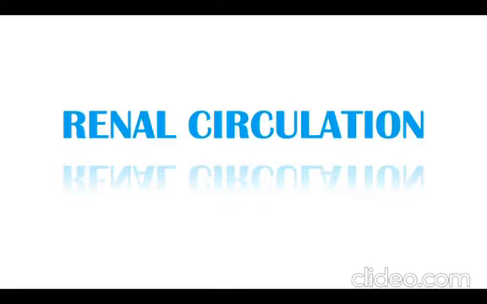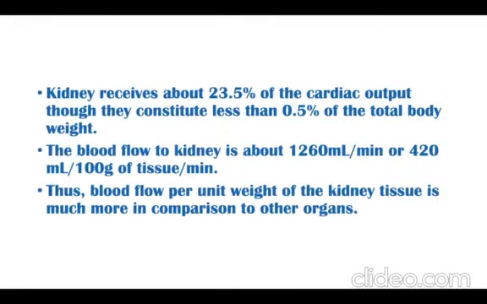So the last is renal circulation. Okay, special thing about kidney receives about 23.5% of the cardiac output, though they constitute less than 0.5% of total body weight. So kidney receives quite a big amount of the blood flow.